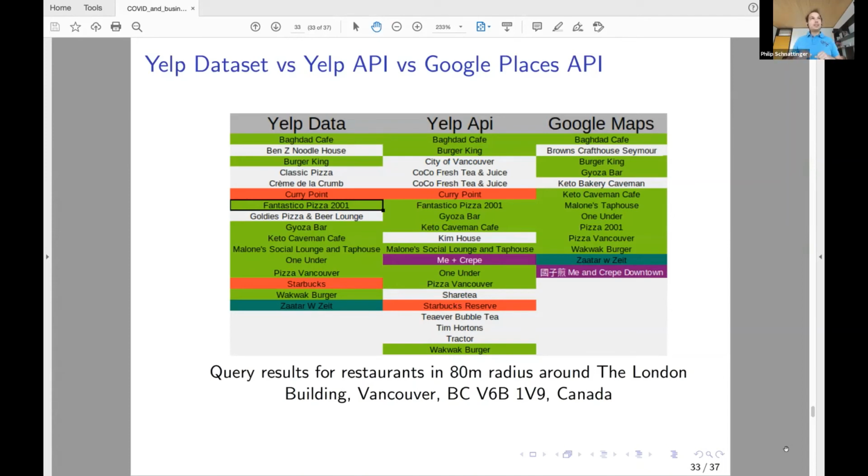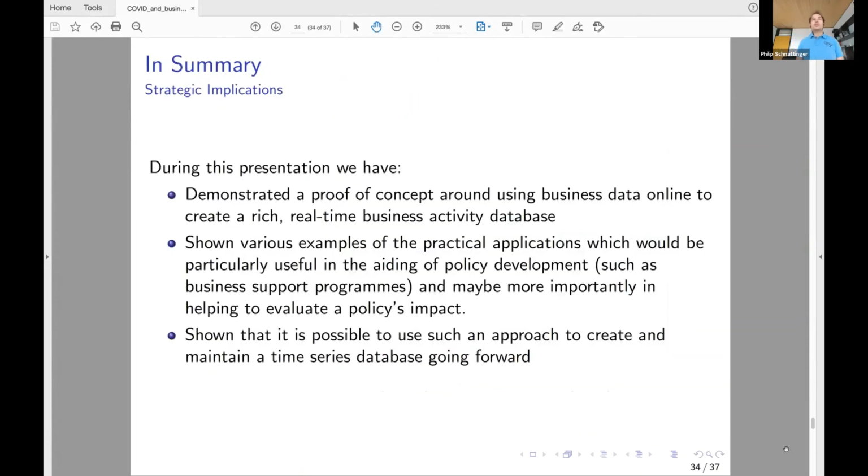So let me conclude our talk so that we're ready in time. What we have done with this project is provide a proof of concept, showing that we have the technical abilities to create a very nice data set which can provide real-time information about business exits and entries.